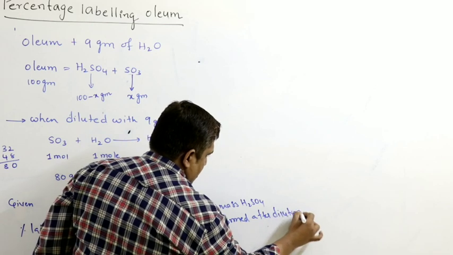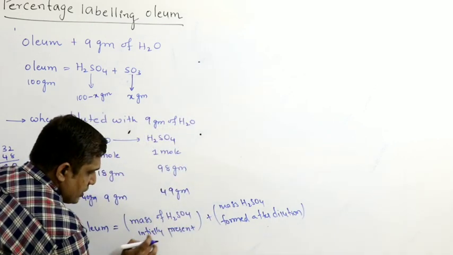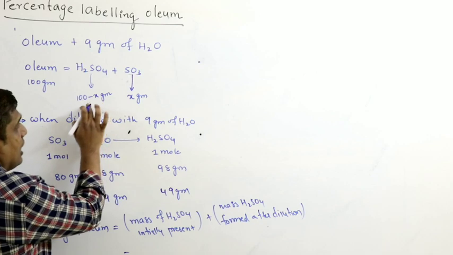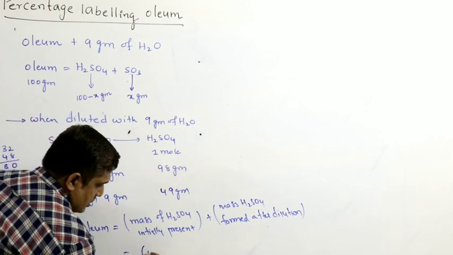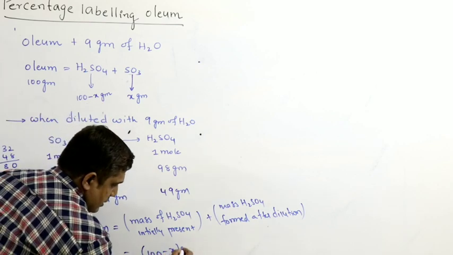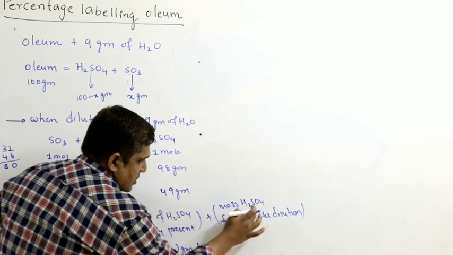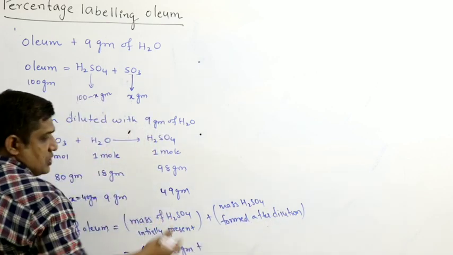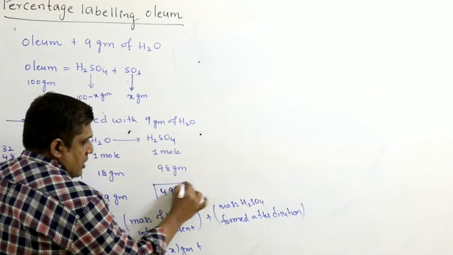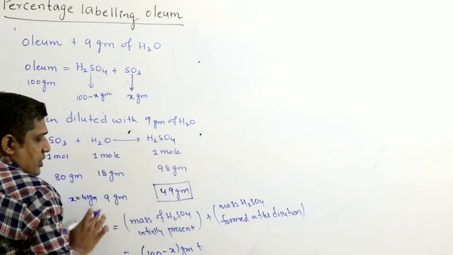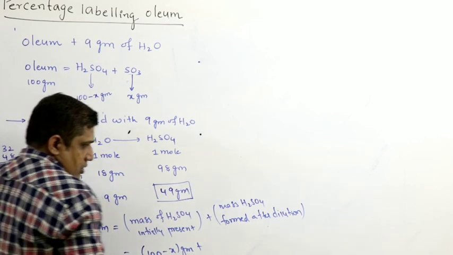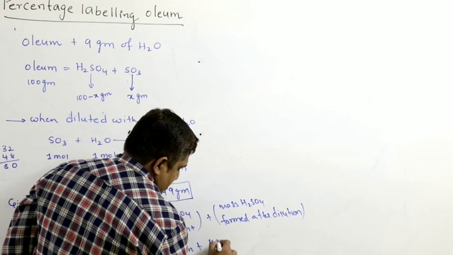The mass of H2SO4 initially present, how much do we have? 100 minus X grams, plus the mass of H2SO4 formed after dilution, which is 49. Why are we taking 49? Because we are adding only 9 grams of water. So this is nothing but 49 grams.